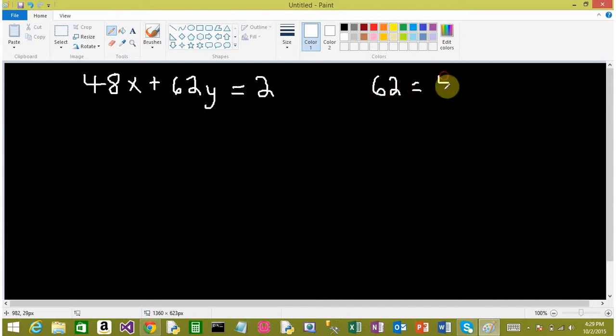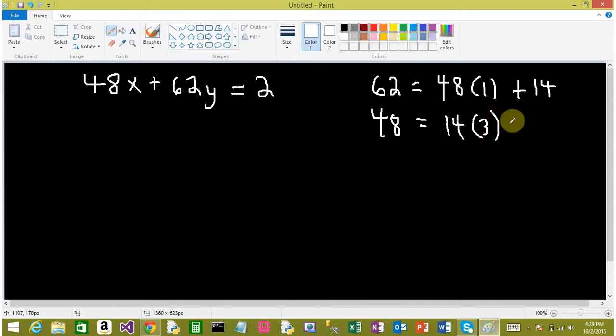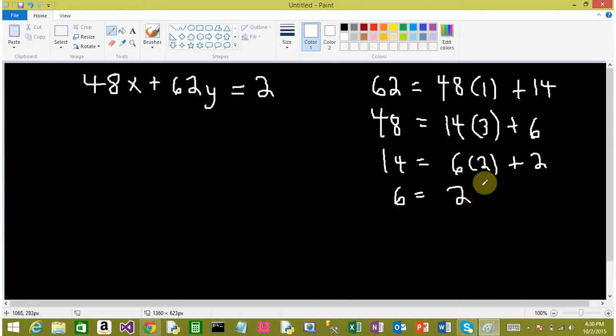We had 62, that was 48, 1, 14. Then we had 48, 14 went in that 3 times, 6, and then 14, 6 and 2, and then 6 equals 2 times 3, so we stopped here. And we found out the greatest common divisor was 2, right there.